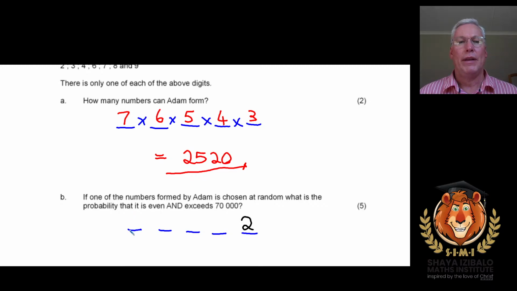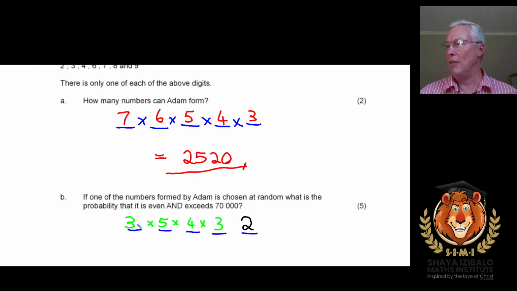Now this number has to start with 7, 8, or 9 in order to exceed 70,000, so there's only a choice of 3. I've used one of those numbers, and I've also used the 2, so I've now only got a choice of 5, then 4, then 3.